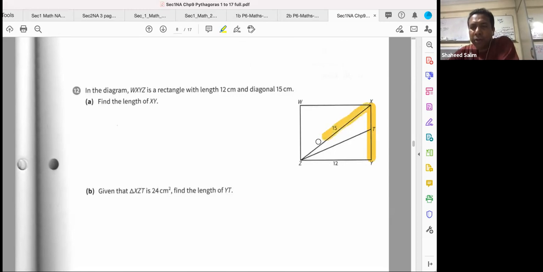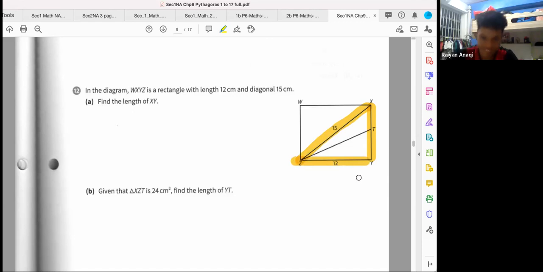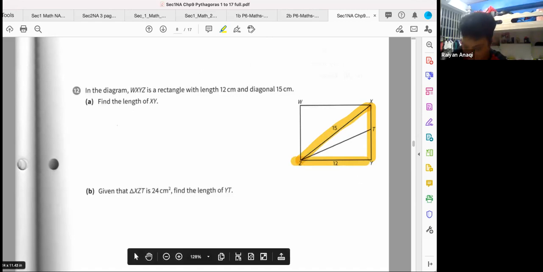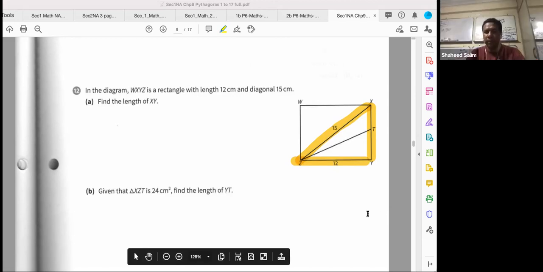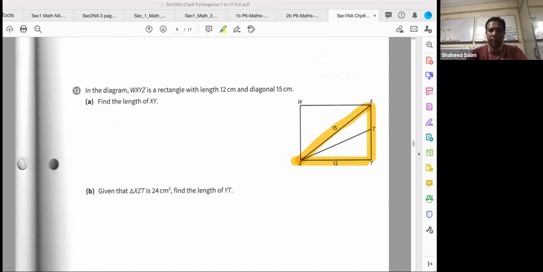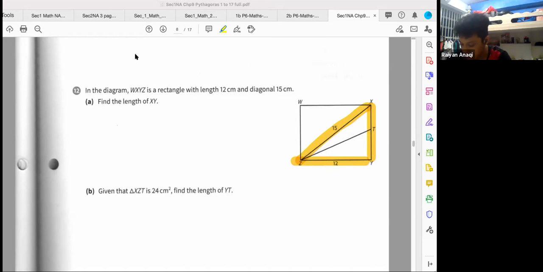You have this triangle. Is the answer 9? 9, yes, well done.